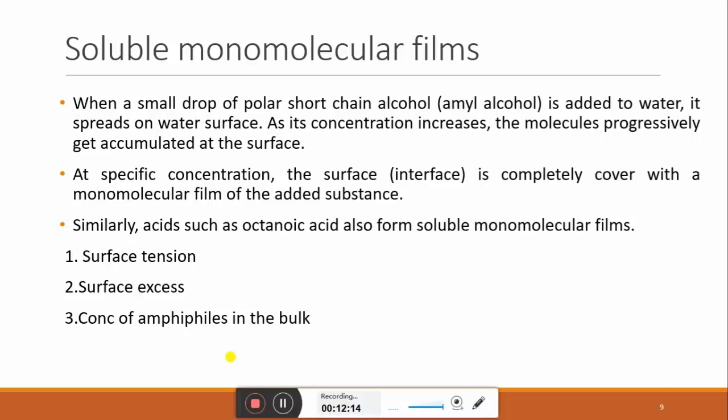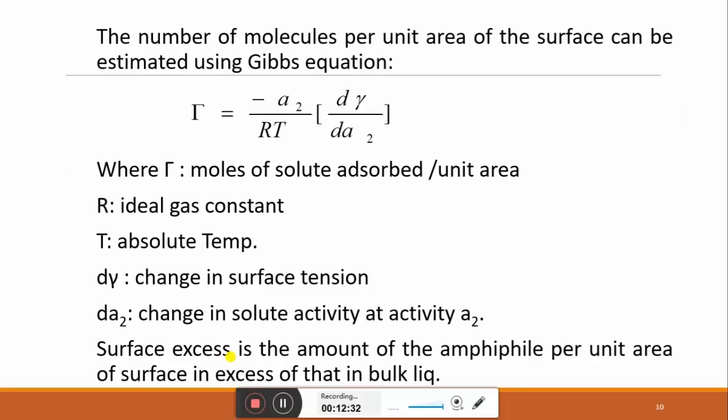And concentration of amphiphiles in the bulk means the concentration or amount of surface active agent present in the bulk. So subtraction of surface concentration and bulk concentration will provide the surface excess.